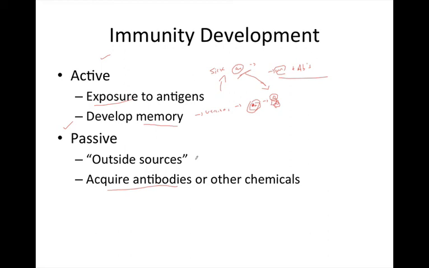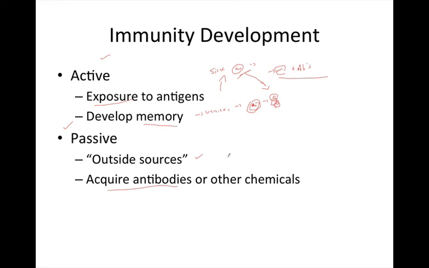Now, with passive immunity, like I said, this is where you basically acquire antibodies or other chemicals through outside sources. And again, you can do that artificially or naturally, just like with active exposure, natural exposure to a pathogen or artificial exposure. With passive immunity, for example, they can make monoclonal antibodies.